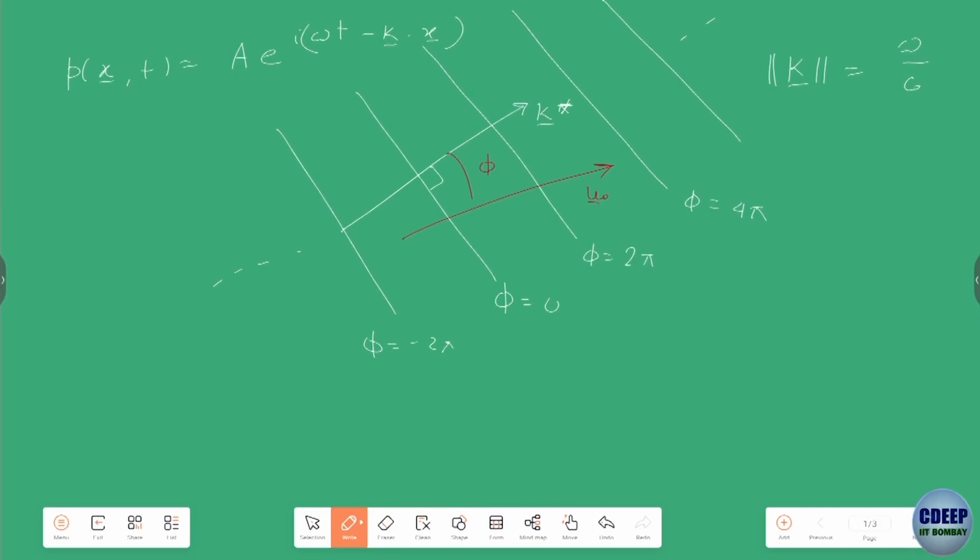So then the kappa star dot u0 will be the magnitude of kappa star, which is denoted by kappa star, times the magnitude of u0, which I'm going to denote as u0, times cos phi, where phi is the angle between these two vectors. So again, u0 is the magnitude of u0.